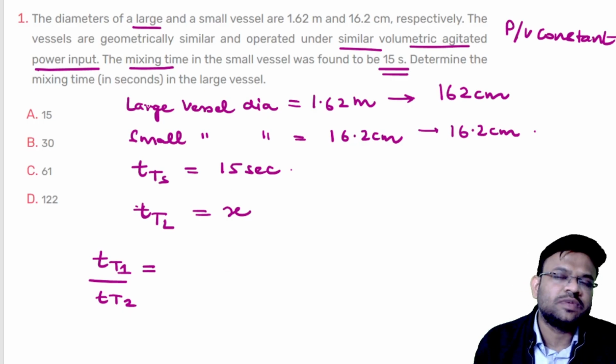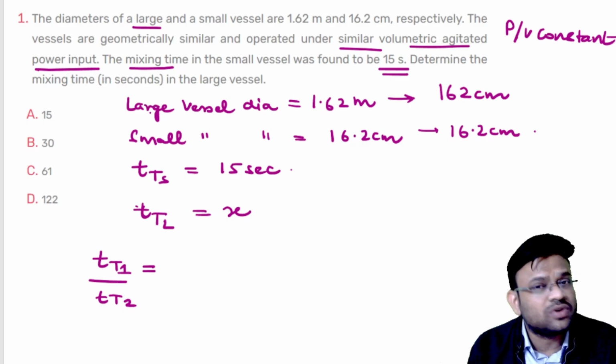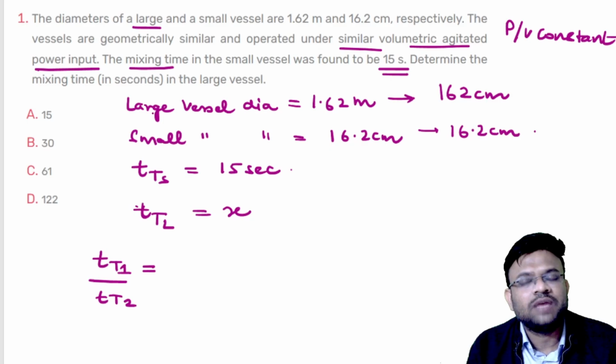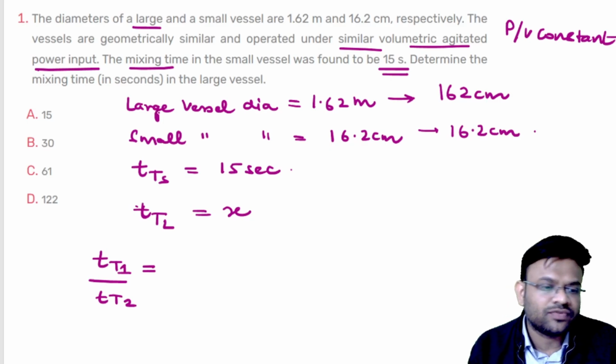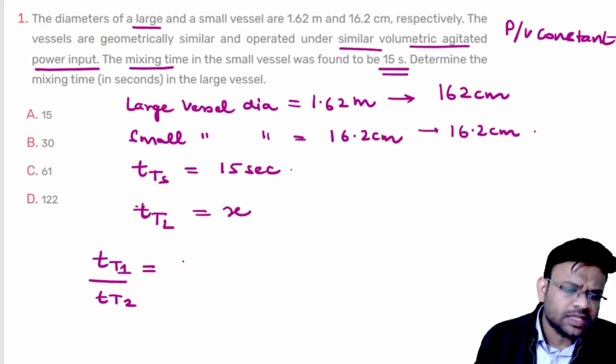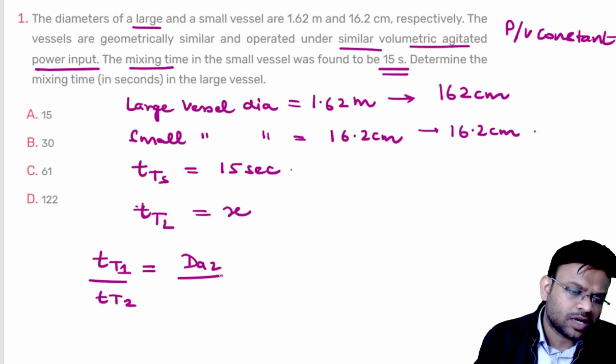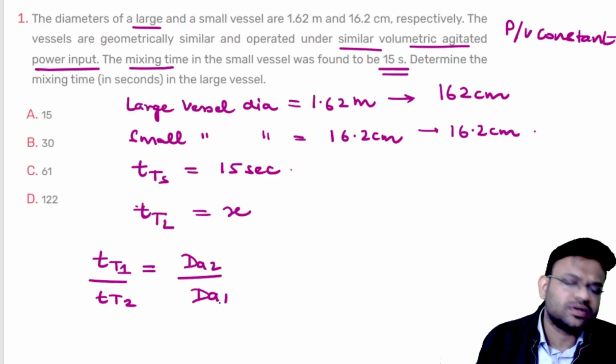So we do not need to move on to the impeller frequency. We can directly calculate it by the diameter formula. So it is just inverse.